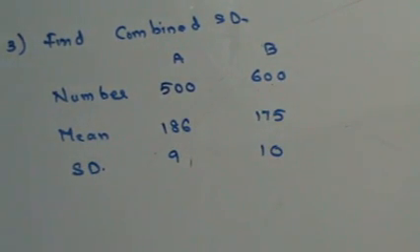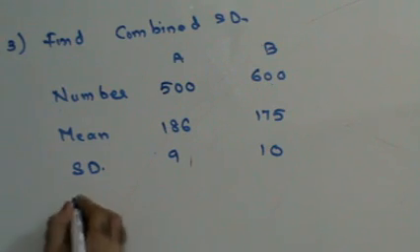Right? Now in this, if the examiner wanted, he could even ask you which firm has greater variability. If you want to find out greater variability, that means you will have to find out coefficient of variation. Whichever firm has larger COV, that will have more variability.